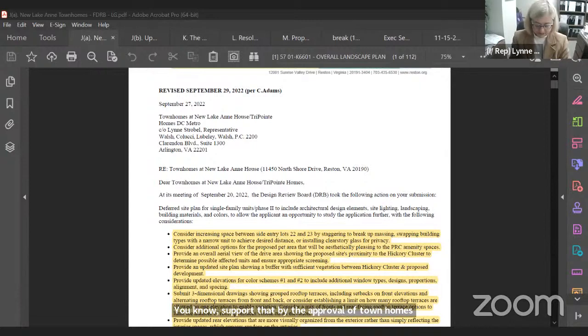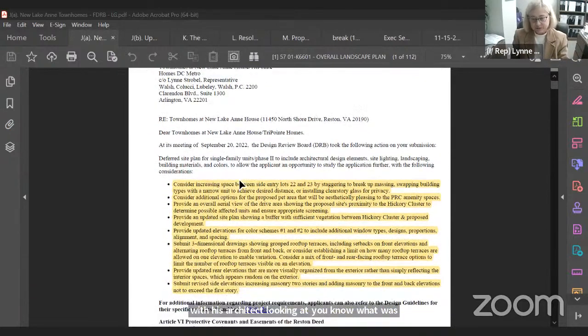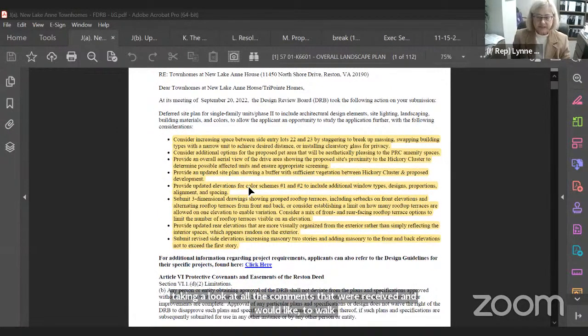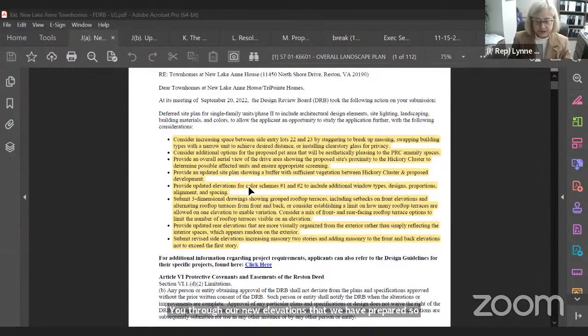And so Greg Ruff is with Tri Point, the contract purchaser of these townhomes, and he has been working with his architect, looking at what was originally approved, what we had presented the last time, taking a look at all of the comments that were received, and would like to walk you through our new elevations that we have prepared. So Greg, I will turn that over to you.